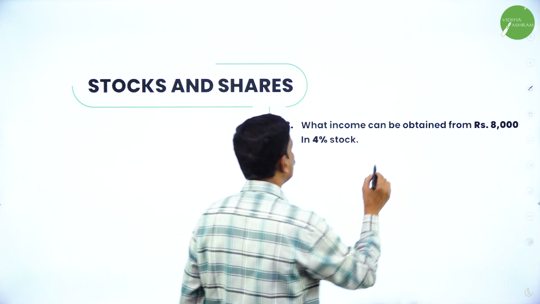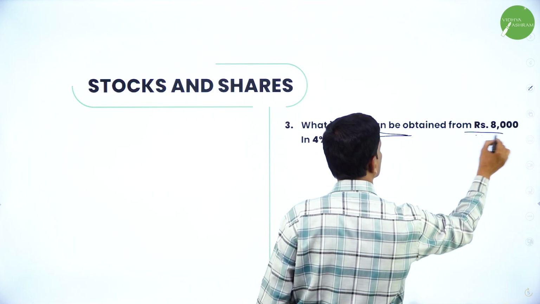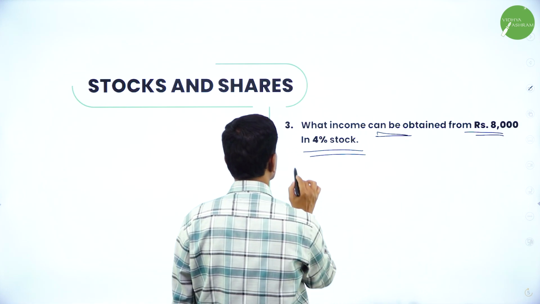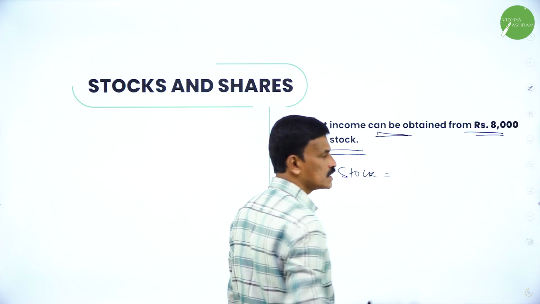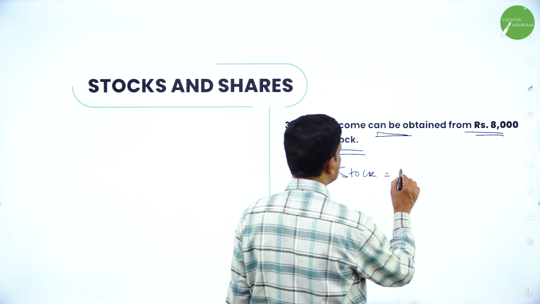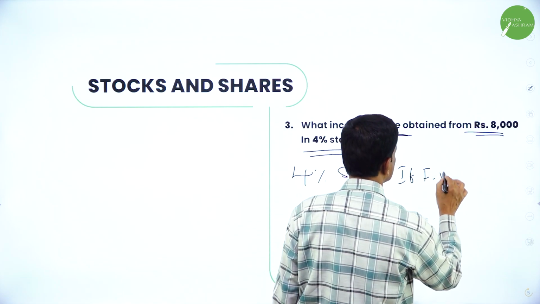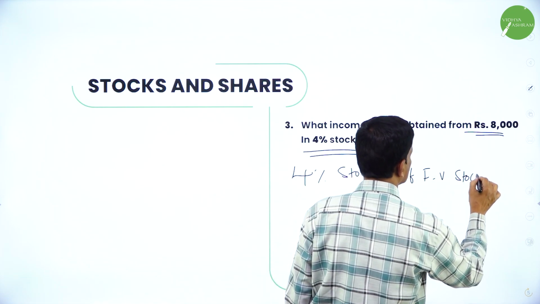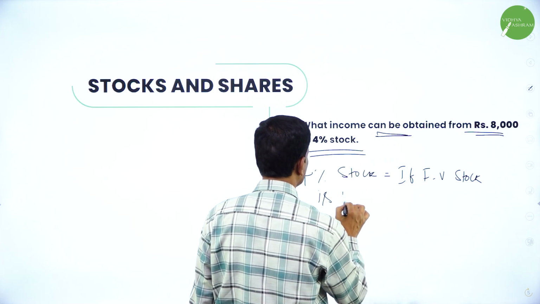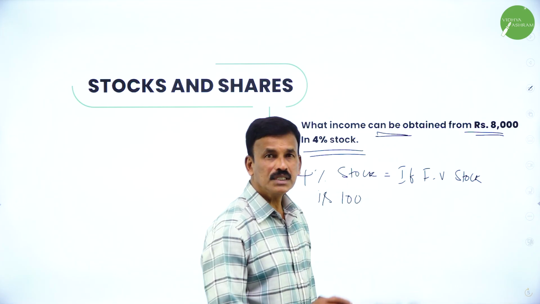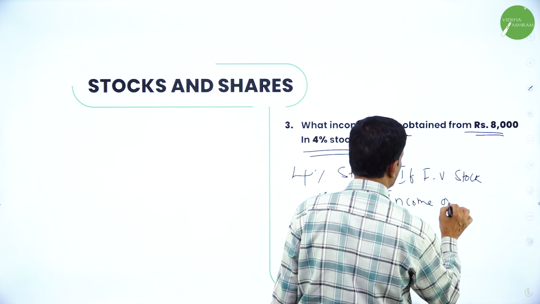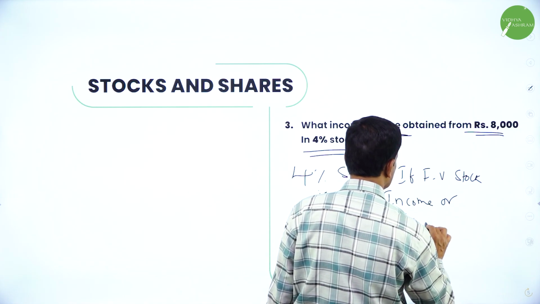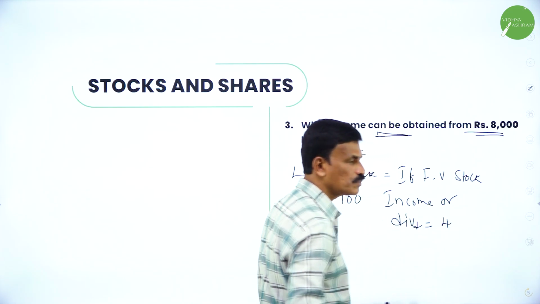What income can be obtained from rupees 8,000 in 4% stock? 4% stock means if the face value of stock is rupees 100, income or dividend is equal to rupees 4.